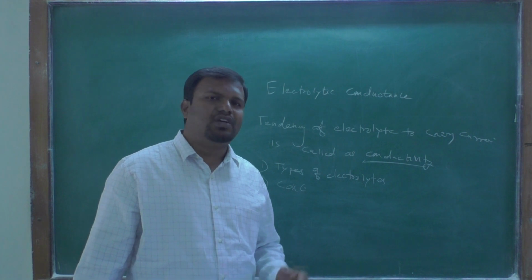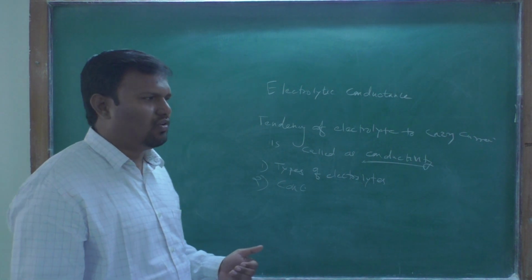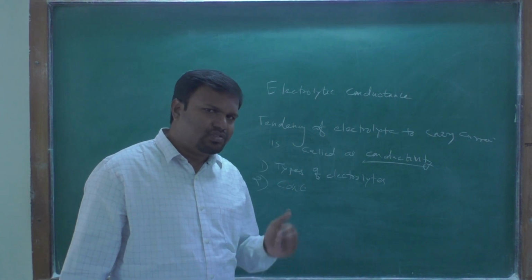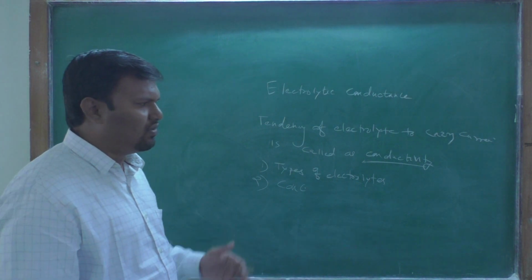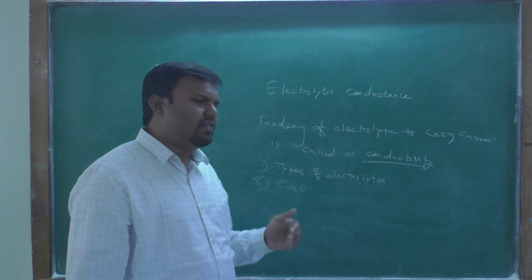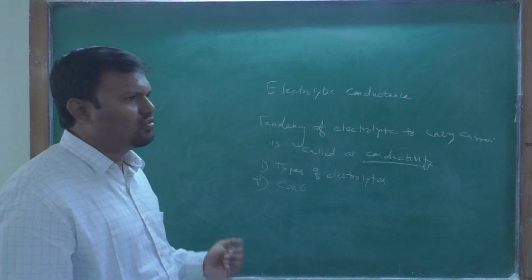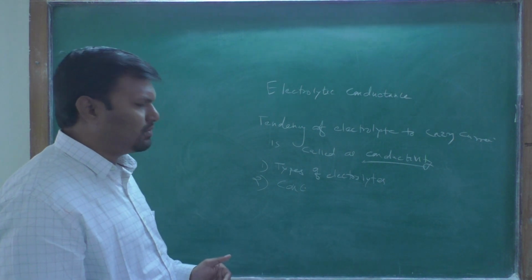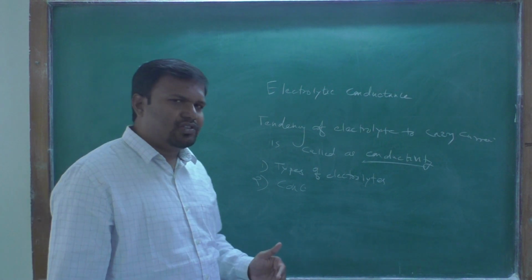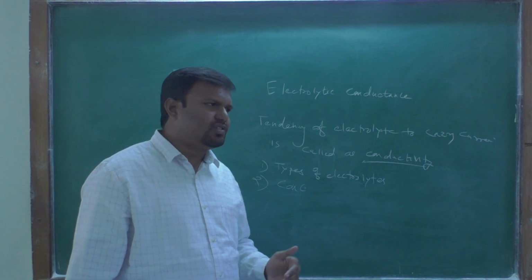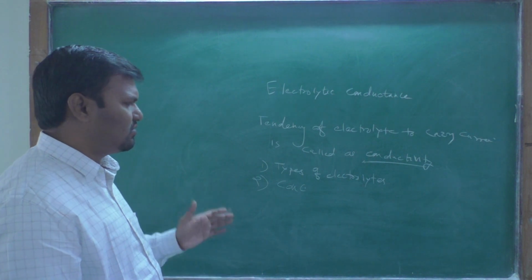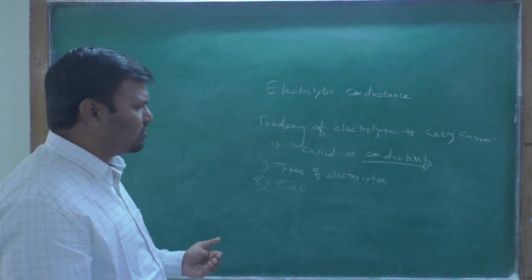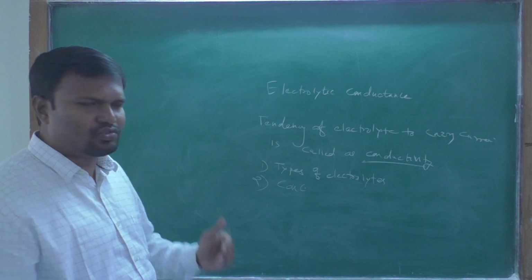More ions means more current for a strong electrolyte, and fewer ions means less current. The concentration is related to the strong electrolyte, because in a weak electrolyte, as you increase the concentration, the dissociation is not increased. But in a strong electrolyte, as you increase the substance, the number of ions increases, and these are responsible for carrying the current. That is the second point, concentration. When your concentration increases, the conductivity of electrolytes also increases.